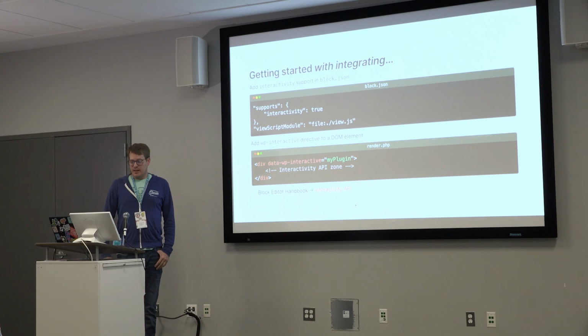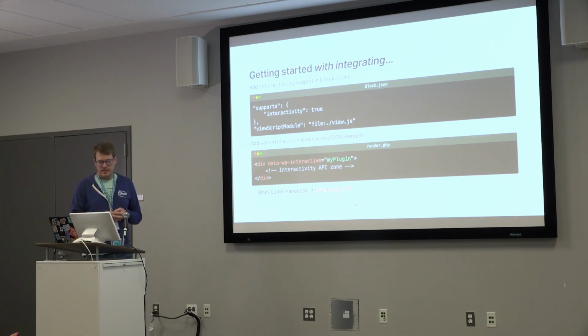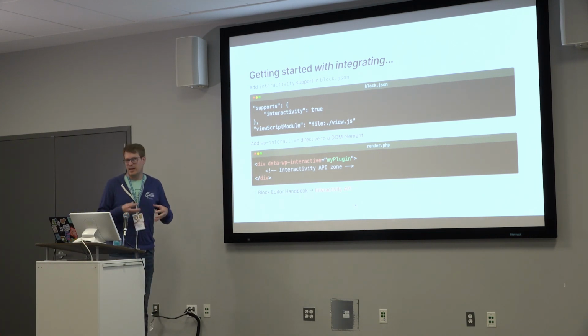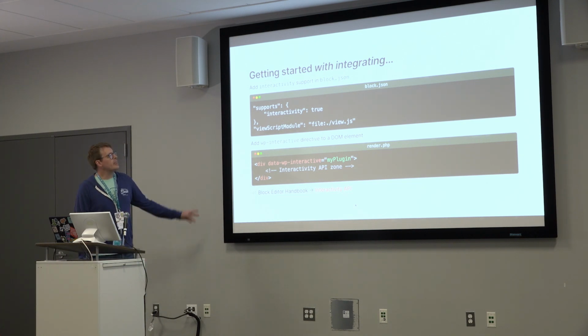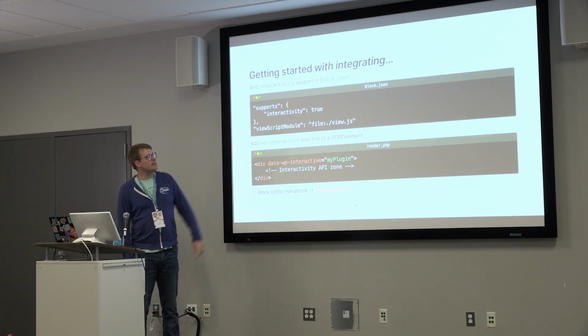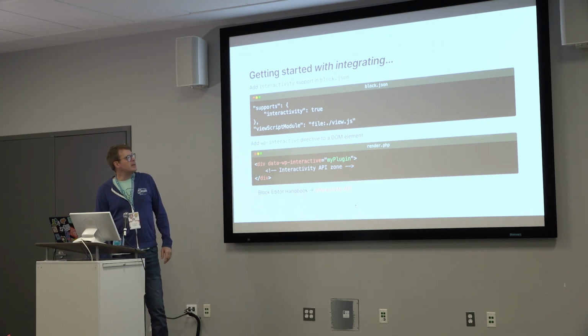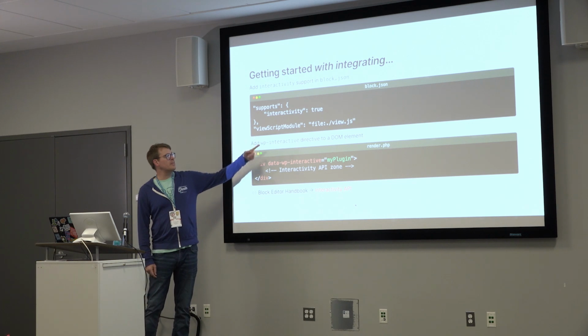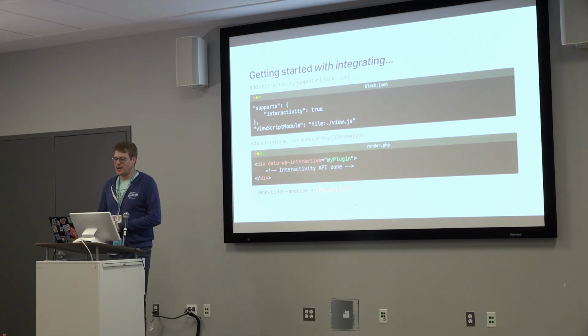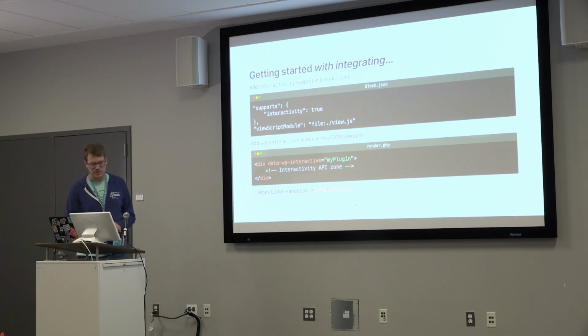This touches on the parts if you had an existing block that you wanted to start integrating the Interactivity API with. These are some of the steps, and this is what the create-block template does. In your block.json file, you need to add a definition for interactivity: true, and then this newer viewScriptModule, because the Interactivity API relies on JavaScript modules, which is a newer system in WordPress.